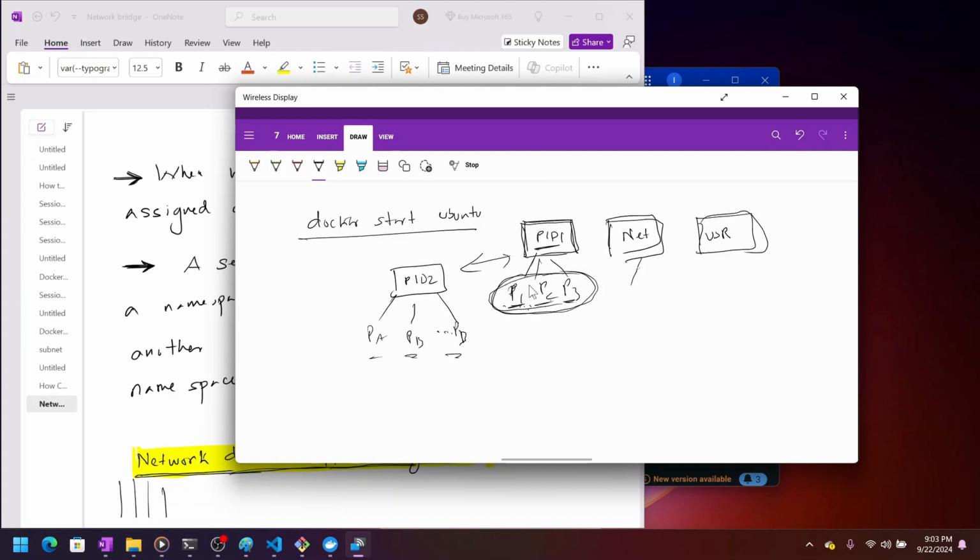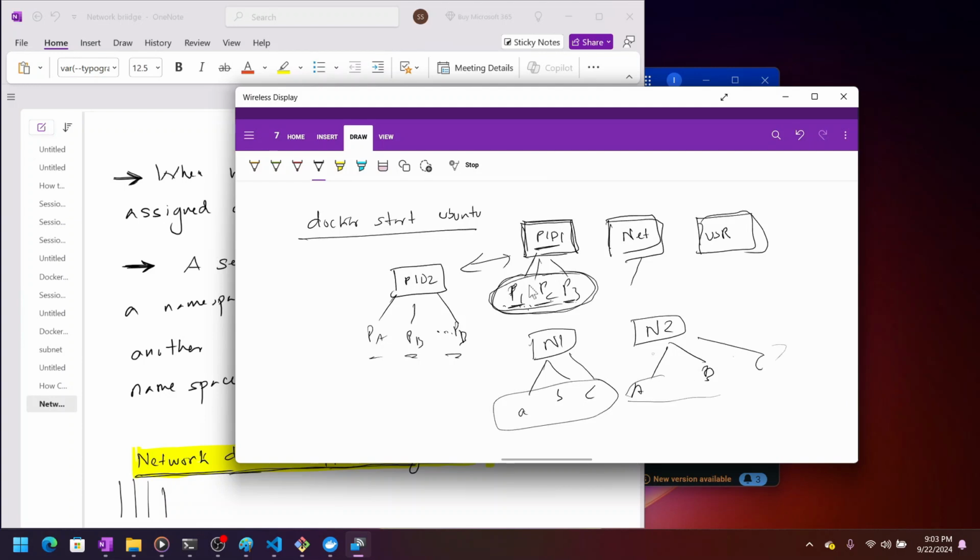Similarly, for network namespaces, let's say you have two network namespaces. A set of processes belonging to one namespace, A, B, C, will not be able to see the other set, X, Y, Z. This set of processes will have completely different network interfaces from that set of processes.